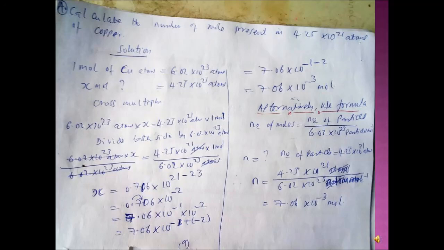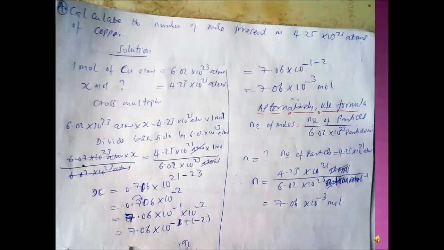Then if you input it in the formula, we have n equals 4.25 times 10 to the power 21 divided by 6.02 times 10 to the power 23. Because atoms will cancel atoms, we have per mole. But by the time you divide 1 by 1 over mole, you get what? Mole. So by the time you divide this by this, you're going to get 7.06, and if you divide this by this, you're going to get 10 raised to the power minus 3.